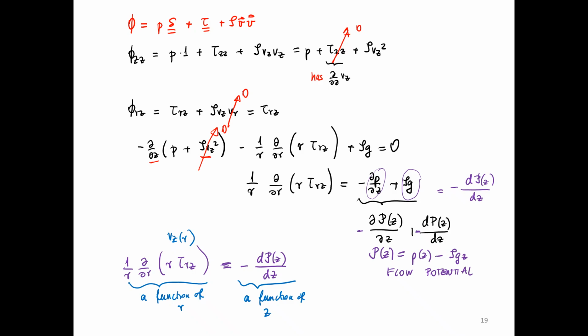So I have a function of r and a function of z, and they have to be equal for all r and z. To be equal for all r and z, this function shouldn't actually depend on r and z. This should be constant.